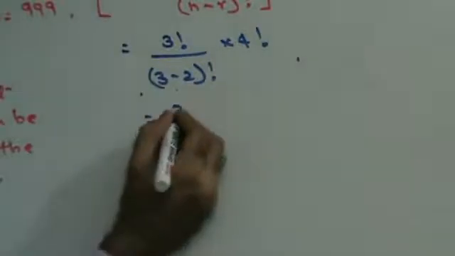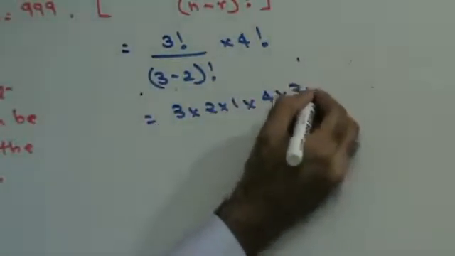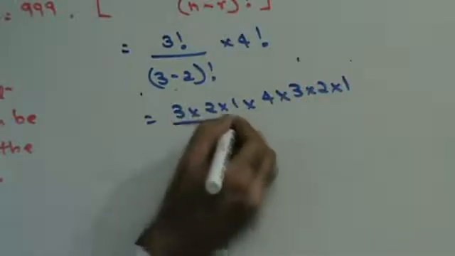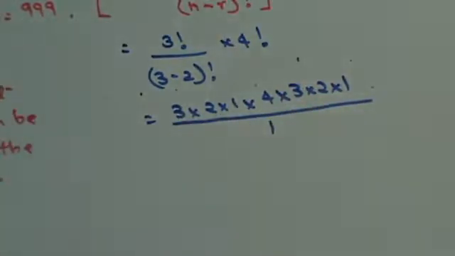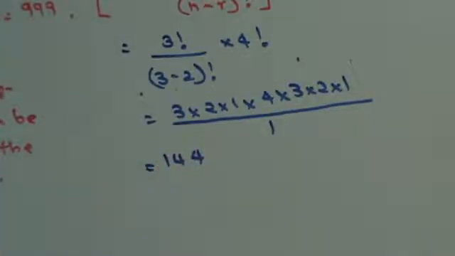Right? 3 factorial is 3 into 2 into 1. 4 factorial is 4 into 3 into 2 into 1 upon 1 factorial, which is 1. You can do your multiplication and get the answer. You will get this answer as 144. There are 144 such words in which the vowels occupy odd places.